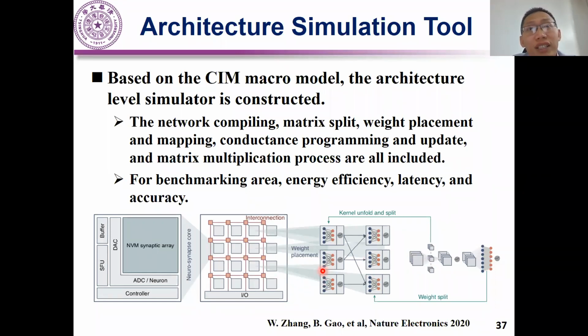So this is the first fully silicon verified simulator for the CIM. We can use it to benchmark chip area, energy efficiency, accuracy and latency of the CIM system. We can also use it to do some algorithm benchmark and architecture design.